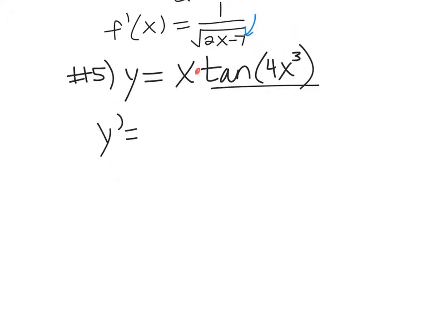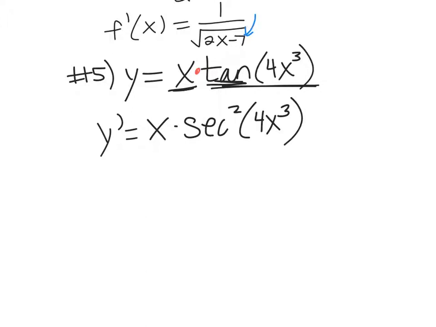Here we go. Product and chain rule. So this is A right here, and this is B right here. So we're going to do A times B prime. Okay, so we're going to take the derivative of the tangent of 4x cubed. So the outer function is tangent. Do you remember what the derivative of tangent is? Secant squared of stuff. Leave stuff alone, okay?